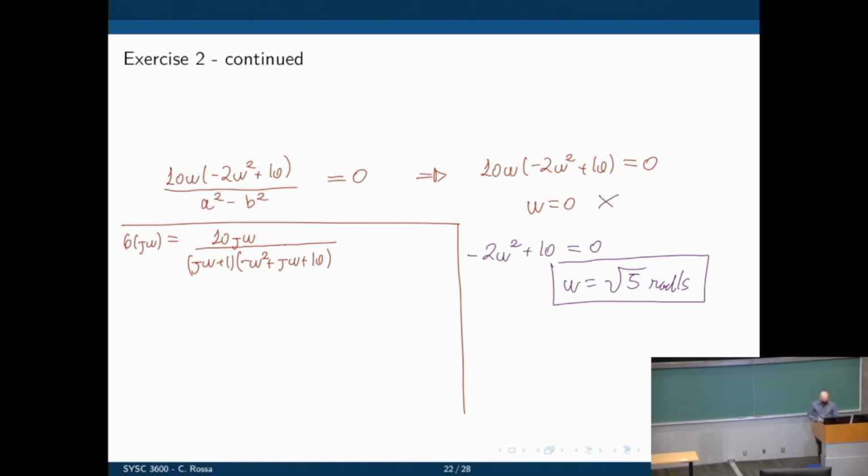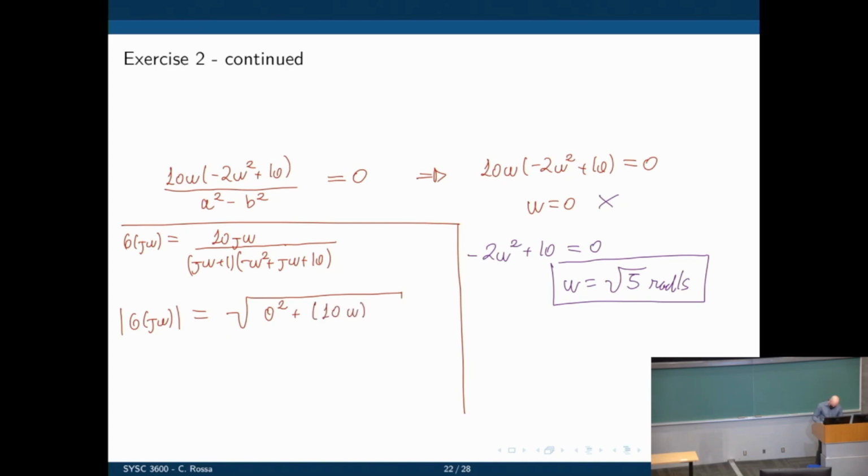Let's calculate the magnitude here. I'll do the phase later. What is the magnitude? It is the magnitude of 10 j omega, which is the square root of real part 0 squared plus imaginary part squared.